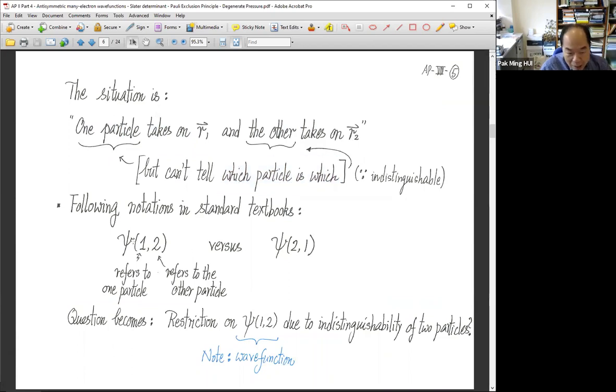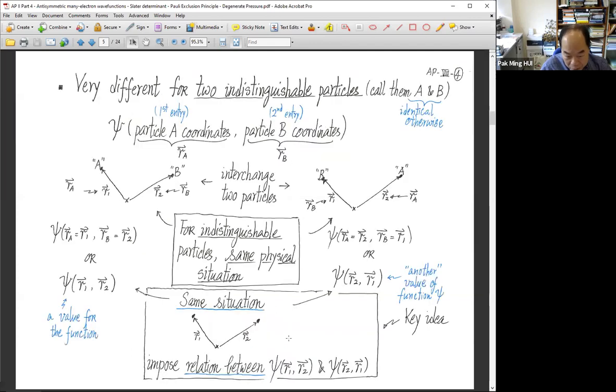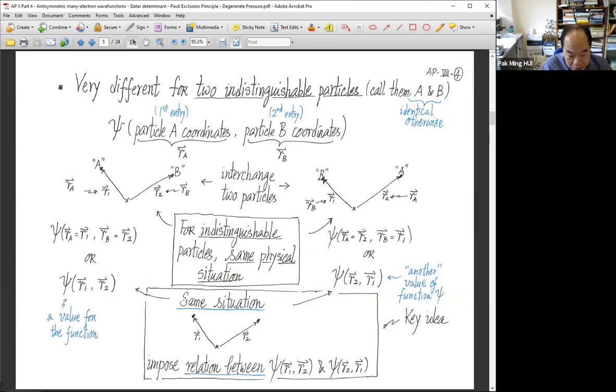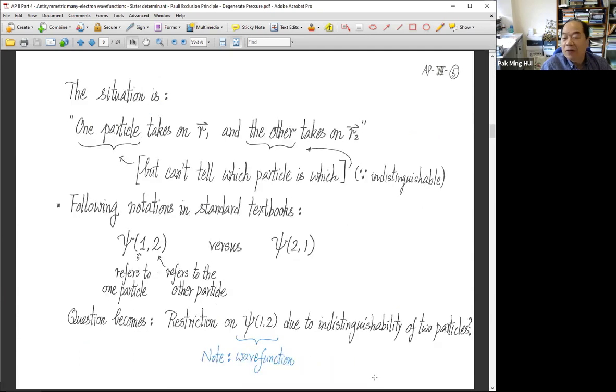And what we wrote down in many standard textbooks, this will be called phi(R1, R2), and this is called phi(R2, R1). Okay, so this is what. So what we are saying is that because they are the same situation, there may be some relation between phi(R1, R2) and phi(R2, R1). Okay, so it's rather natural up to here.